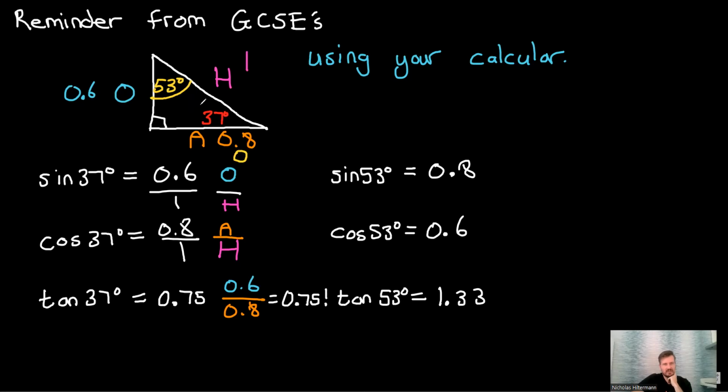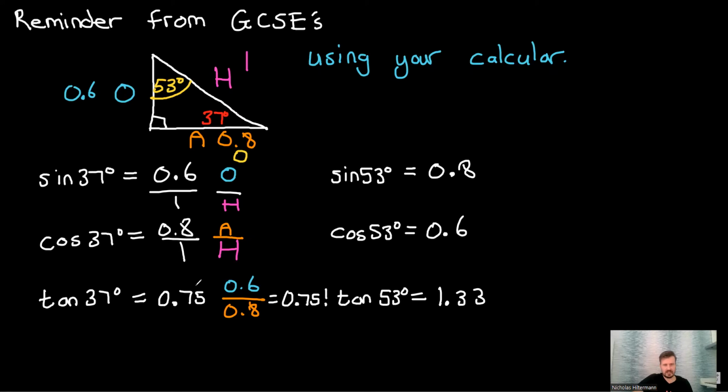If we have cos 53, the adjacent is the thing that was opposite to the 37, and so your adjacent is now 0.6, which is what you had. So do you see that there's a relationship between 37 and 53 because they add up to 90? In other words, sine 30 would be the same as cos 60.